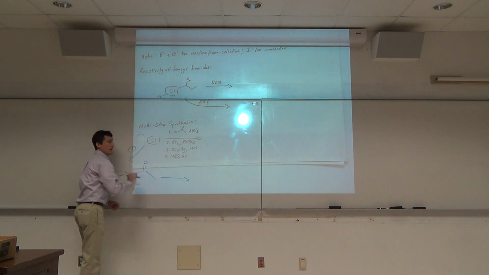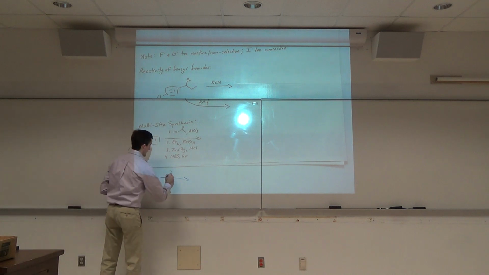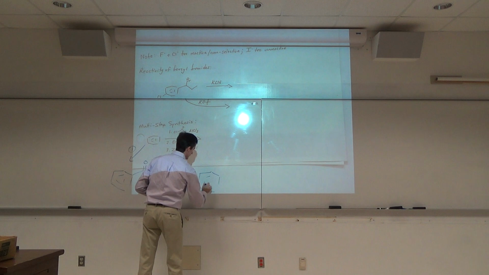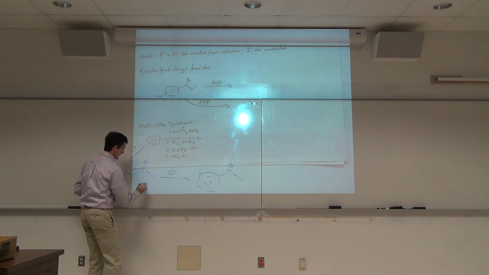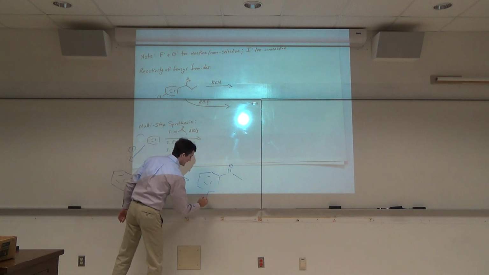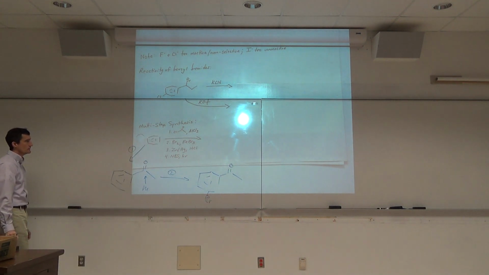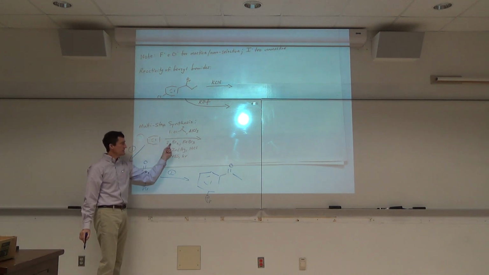Okay, what is bromine with FeBr3 going to do to acetophenone? Somebody said it. That's a meta-director, and so we're going to brominate here. How do we know we're not doing benzylic bromination?